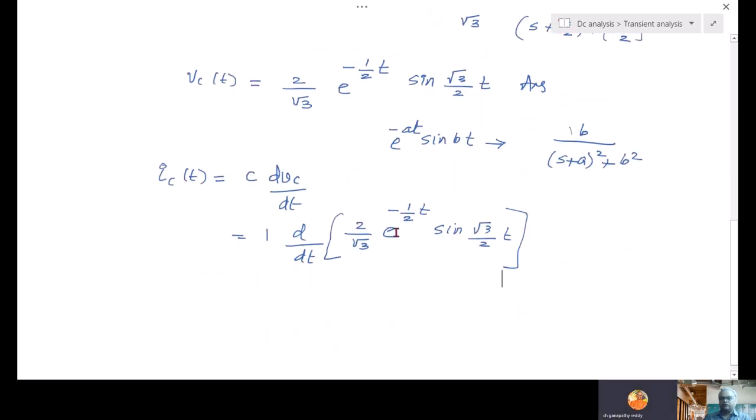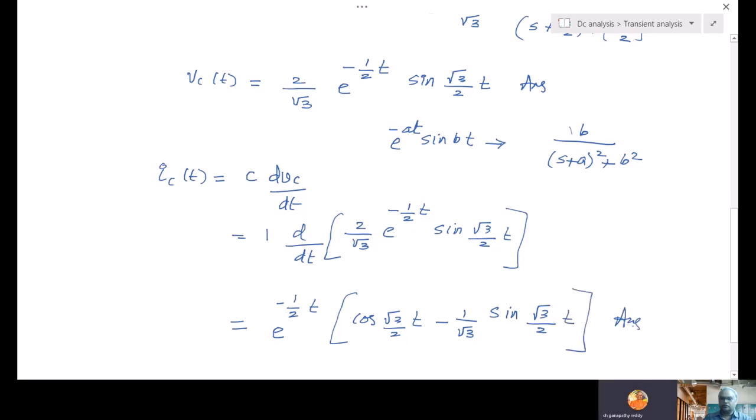So differentiate using the u into v method. I will give the answer directly: e power minus 1 by 2 t cos root 3 by 2 t minus 1 by root 3 sine root 3 by 2 t. So this is the answer.